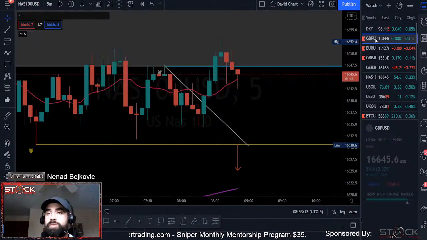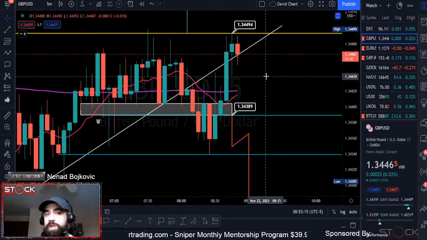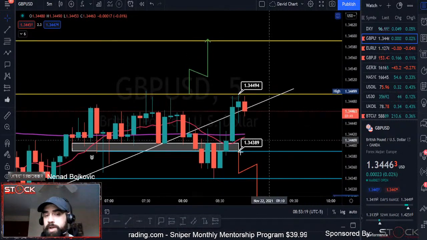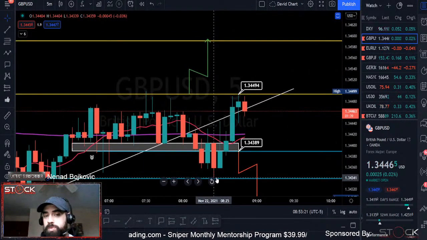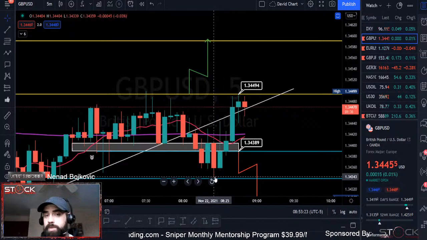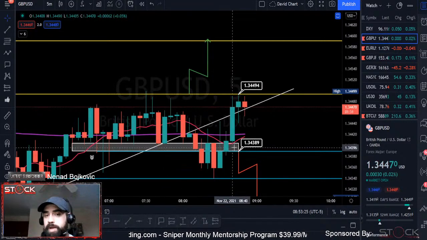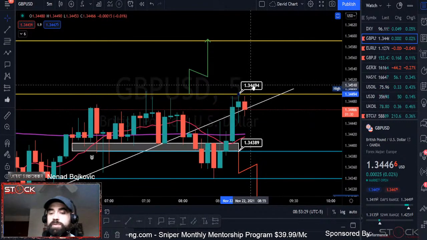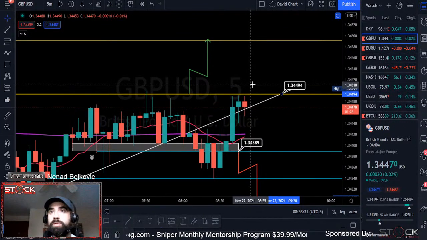Okay, so let's check out GU. Okay, so GU, guys, it's at the critical area. See how they tried to push it below? I remember we got that notification, all right? And then they all pushed it right back up below 34389. Right here, guys, if it's going to continue, it's going to have your overall move.